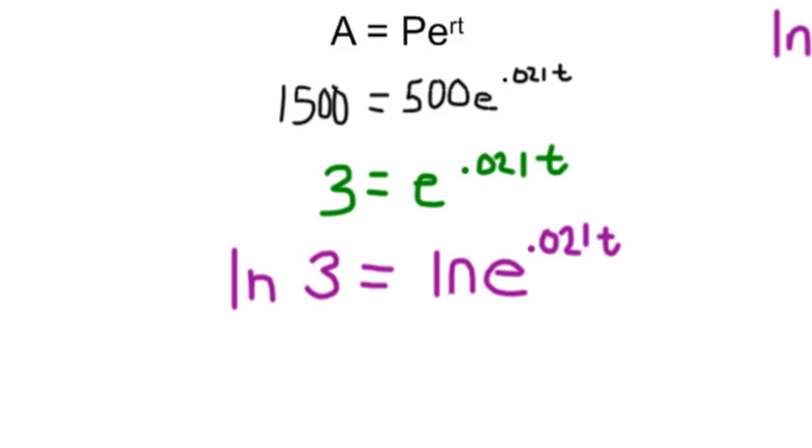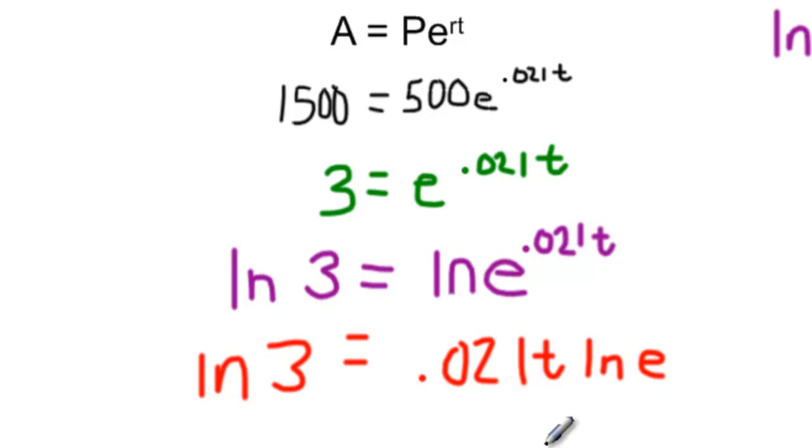After I take the natural log of both sides of the equation, we can now use our trick for logarithms, which is you can move exponents out to the front. Doing so, now we can divide both sides by 0.021 natural log of e. Since this is all multiplication, we'll do the inverse operation of division.